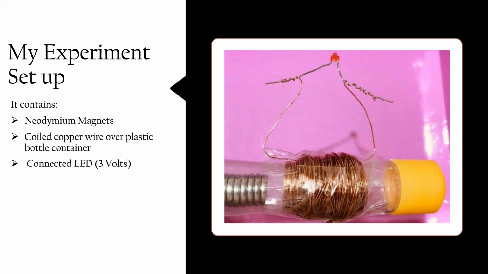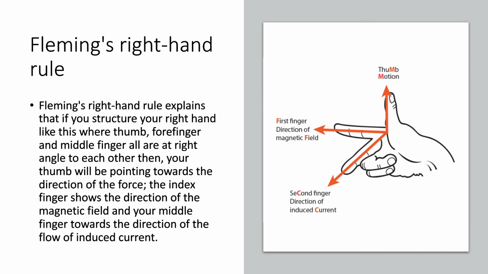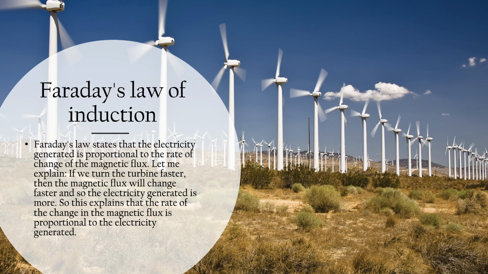Hope you enjoyed. Hope you learned something new. Very easy to understand. Fleming's right-hand rule is just to tell which way everything's going. Faraday's law of induction is that when you change the magnetic field or the magnetic flux quicker, then more electricity will be generated.